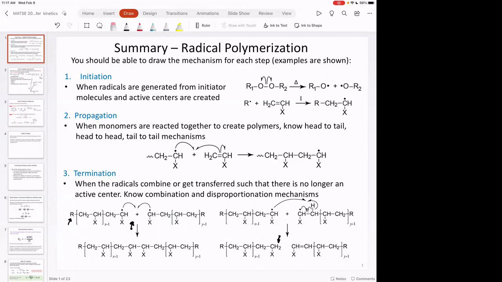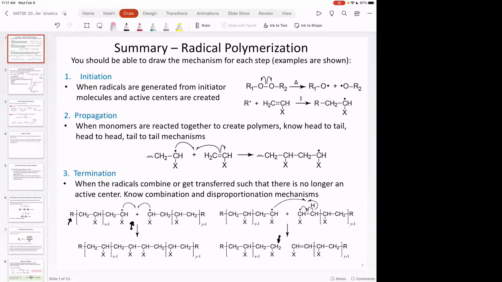All right. So this is really important. This slide, you just need to commit this to memory. Again, we're talking about radical polymerization, which is an addition type or chain polymerization, generally using vinyl double bonds or some sort of carbon-carbon double bond. And so make sure you know this chemistry, make sure you know the monomers that can do this.